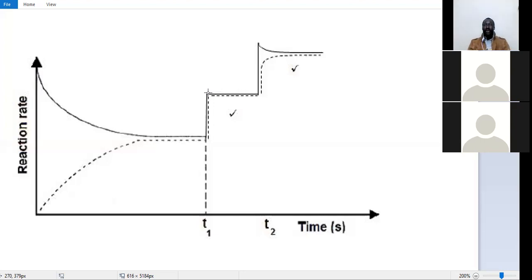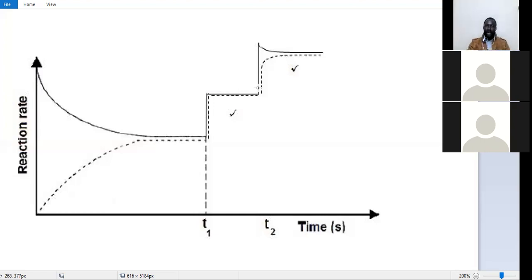So the system will have to reinstate a new equilibrium. And that new equilibrium, which is reinstated, is to help stabilize. So you increase the rate of production, then the rate of reverse production will also have to be increased so that equilibrium can be achieved.